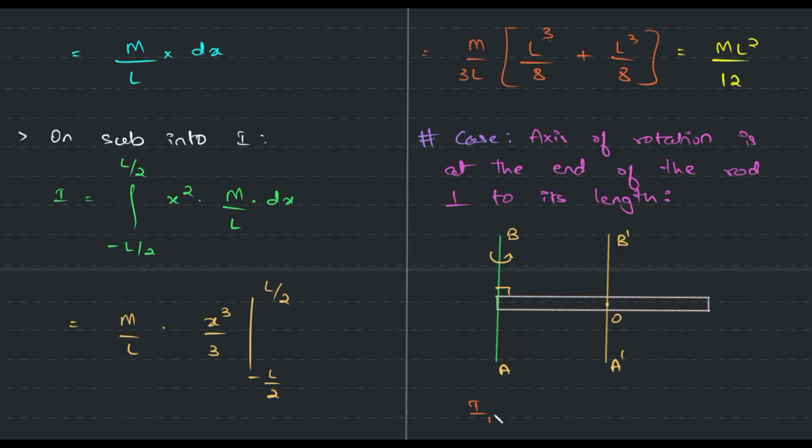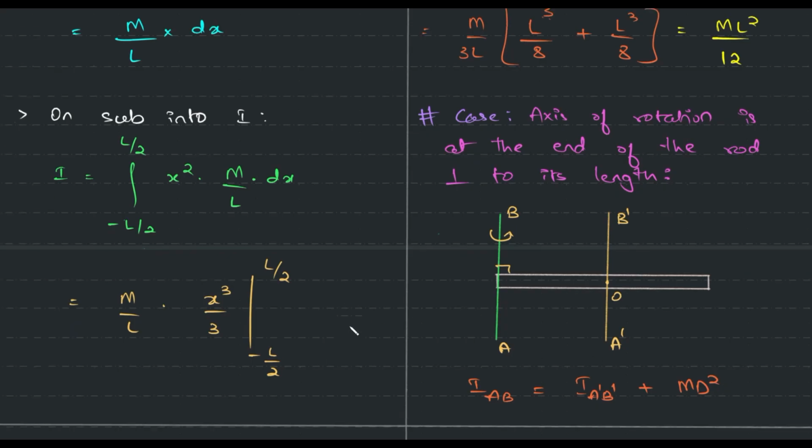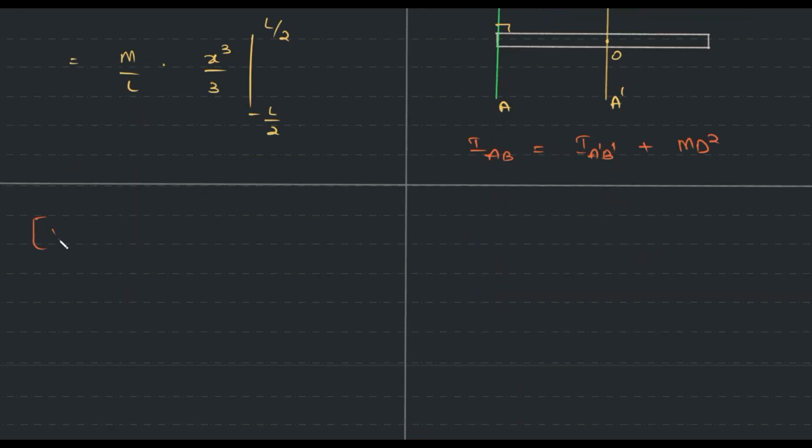The inertia through AB will be the inertia through A dash B dash plus md square. This is as per the parallel axis theorem. I was about to say parallel law of vector addition, but it's the parallel axis theorem.